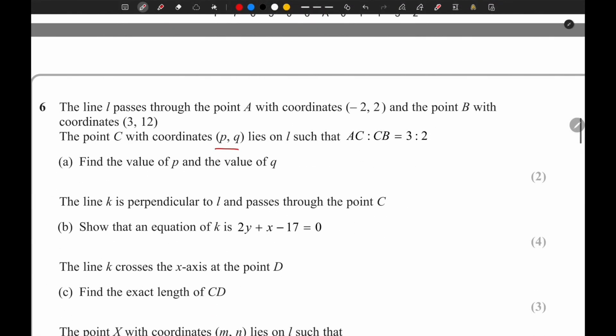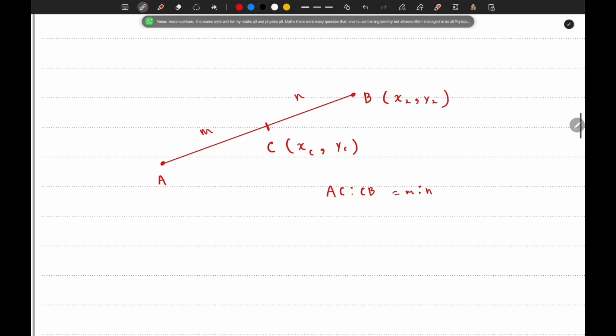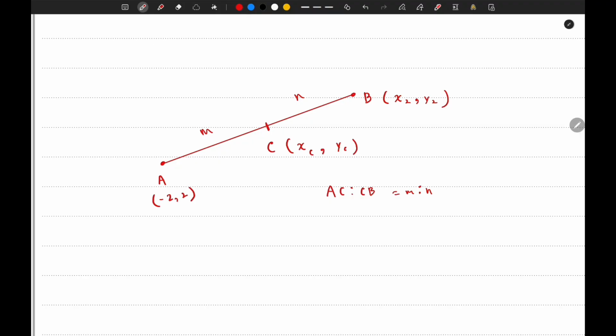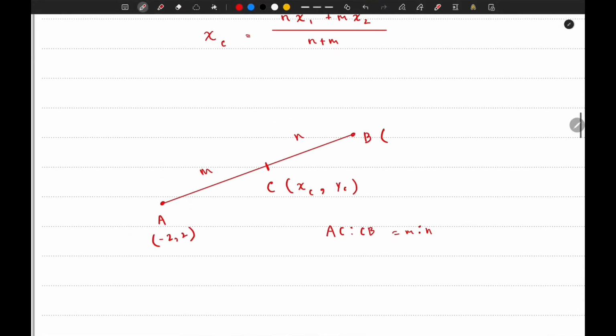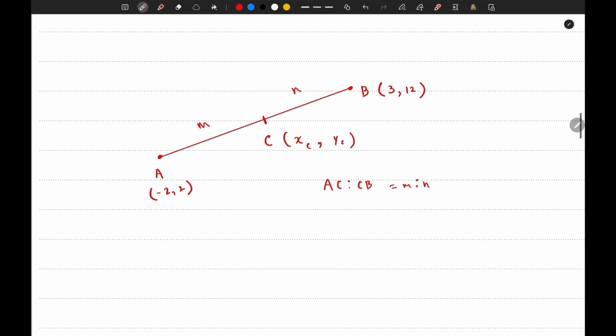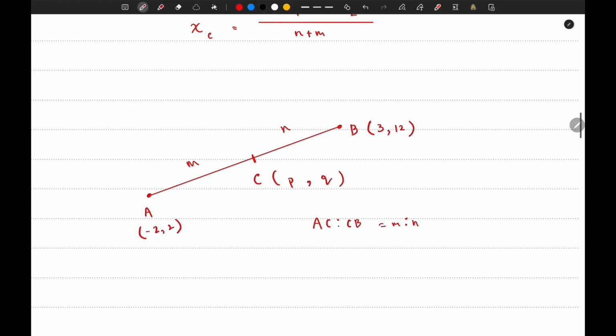So here we have the coordinates of A as -2 and 2, and we have the B coordinate as 3 and 12, and the x coordinate of C is P and the y coordinate is Q. And the ratio is given as 3:2, so that's 3 and 2.